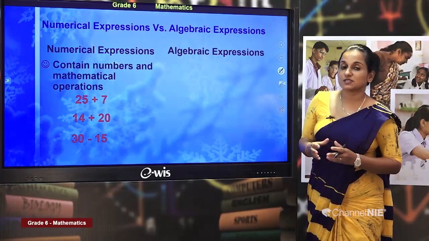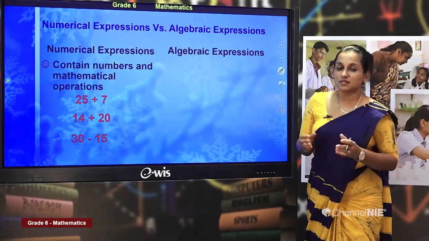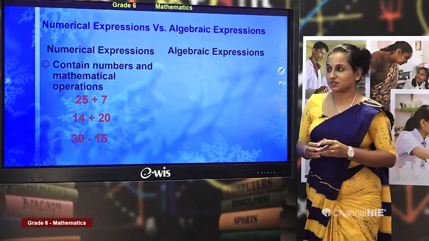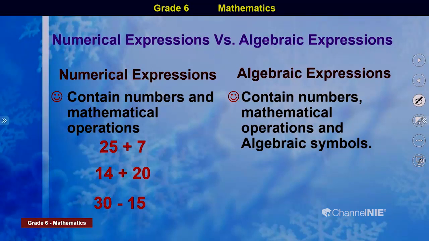Algebraic expressions contain numbers, mathematical operations and also algebraic symbols. Here are some examples for algebraic expressions. G minus 1, 2 minus k and r plus 42.